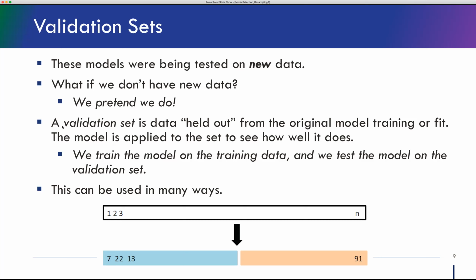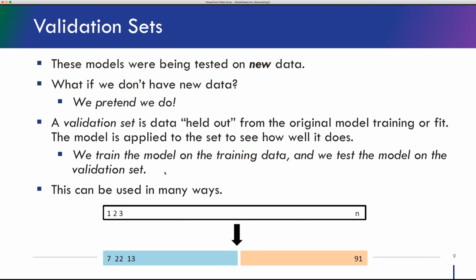This is the validation set: data held out from the original model training or fit. We train the model on the training data, and we test the model on the validation set. That's why this validation set is sometimes also called the testing set.